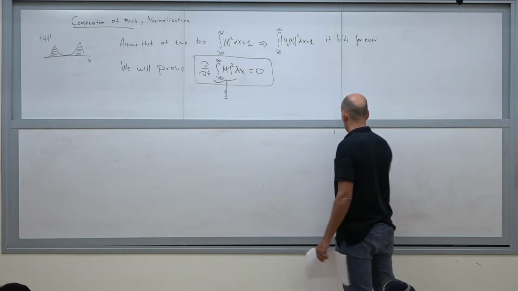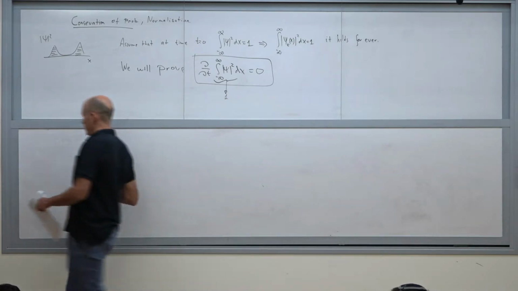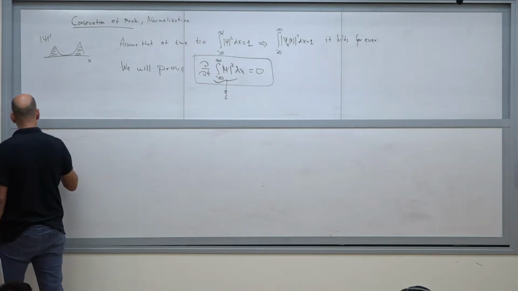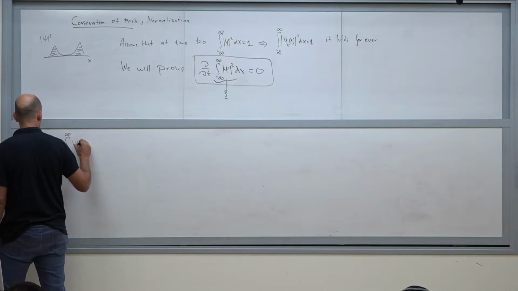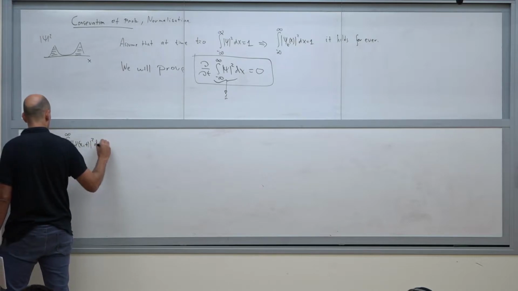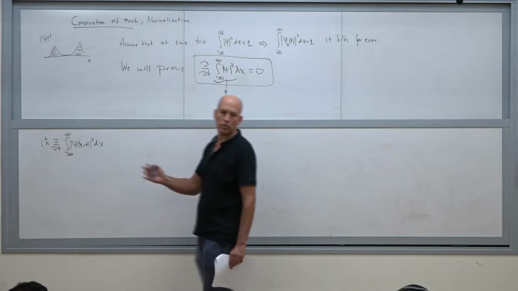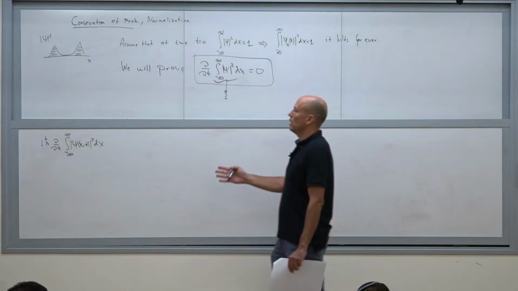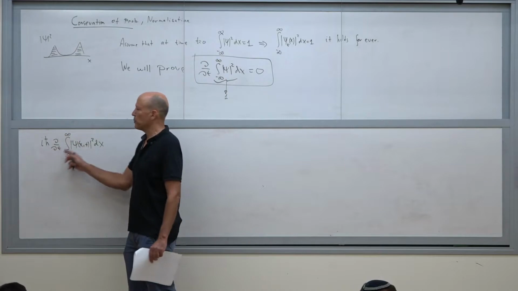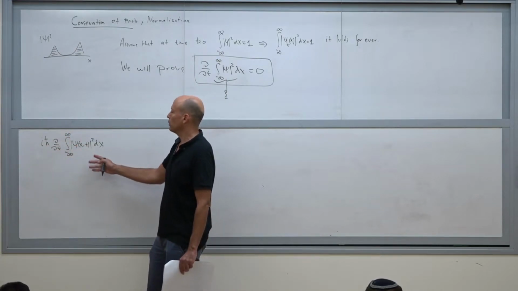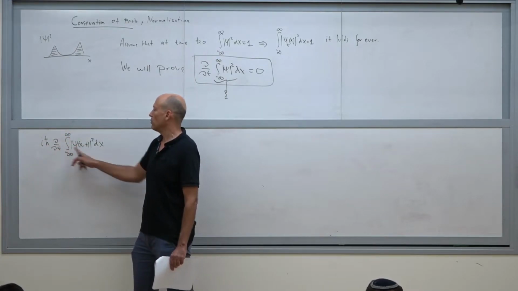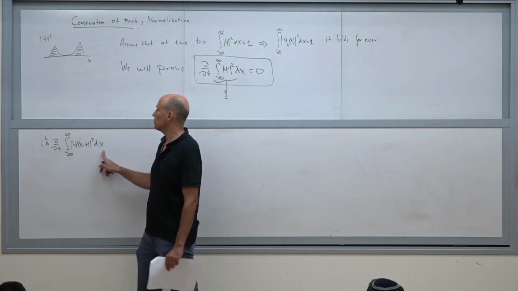I will use iħ d over dt of the integral from minus infinity to infinity of the absolute value of psi of x,t squared dx. Let us check what it is, and of course I put here iħ because that enters in the Schrodinger equation. I know that this is replaced eventually by the Hamiltonian, and that's what we are going to do. Now I can take this time derivative and put it inside the integral because the integral is over x.